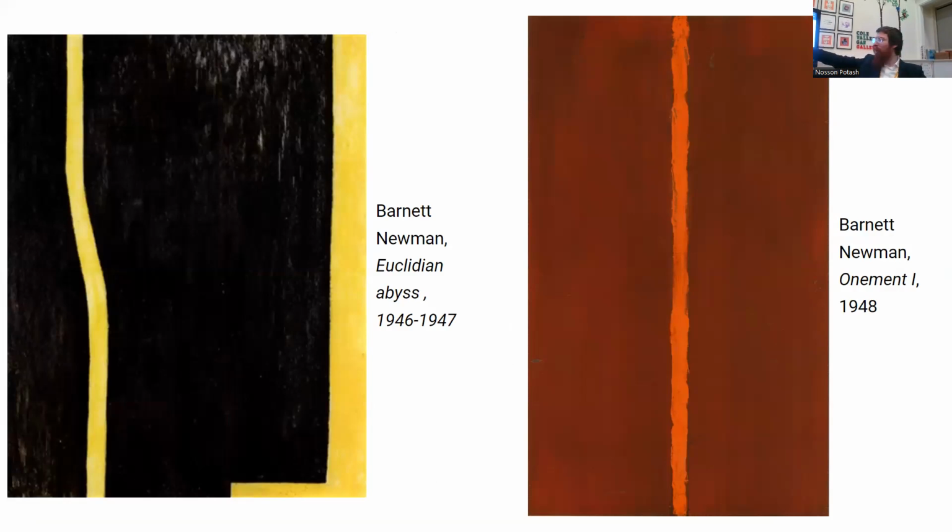He has a bunch of different paintings like this. Most of them actually have a spherical void, which looks very similar to the depiction in the Kabbalistic diagrams. If they don't, then the word void or abyss is in the title.